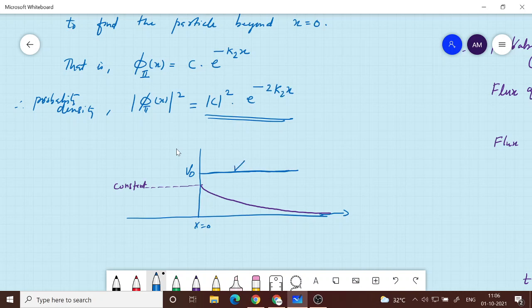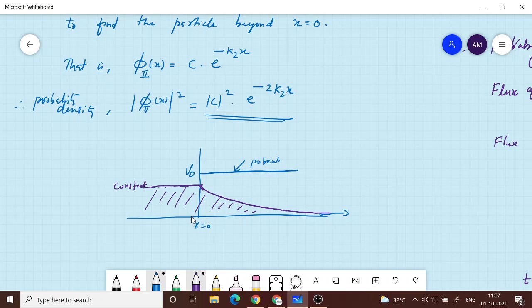Okay, so this is the potential, and this area has to be unity. When you integrate from minus infinity to plus infinity, it goes to infinity.